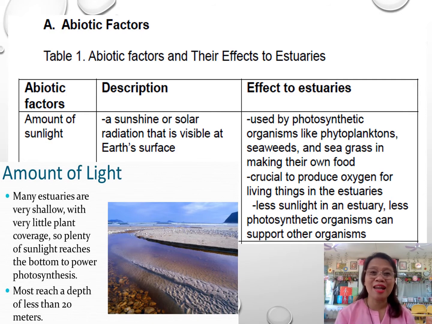So plenty of sunlight reaches the bottom to power photosynthesis. Most reach a depth of less than 20 meters. So more than 20 meters na gyud, the sunlight cannot penetrate in there already.Ngit-ngit na didto. Wala na ang mga plants.